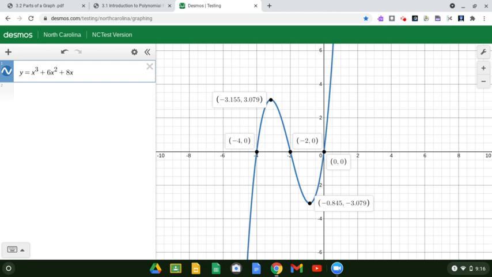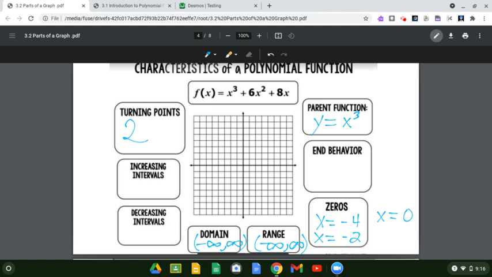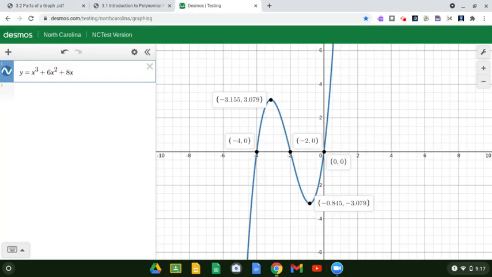So let's look again. From negative infinity to -3.155, your y's are increasing. Going from -3.155 to -0.845, we're decreasing.